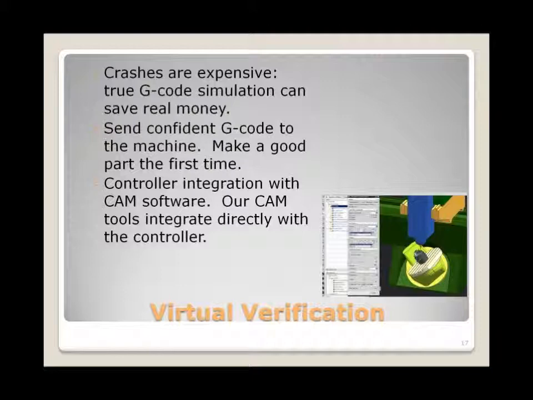So it's not looking at the internal code, rather the G-code, the exact code that would run on your machine. You can even take a code that's been output from another CAM package and run it through a real G-code simulator. So we found that to be a very important part of the process.